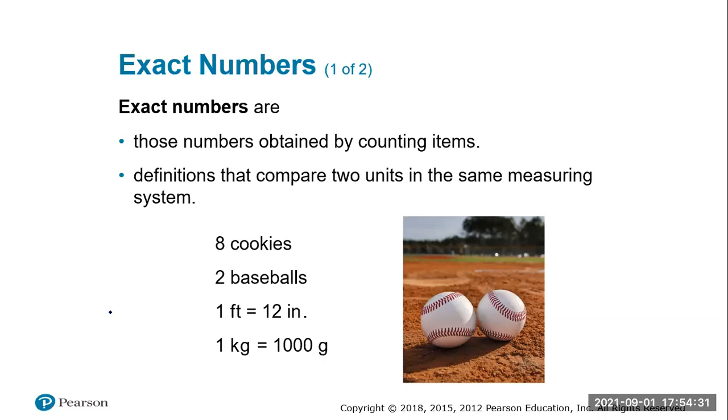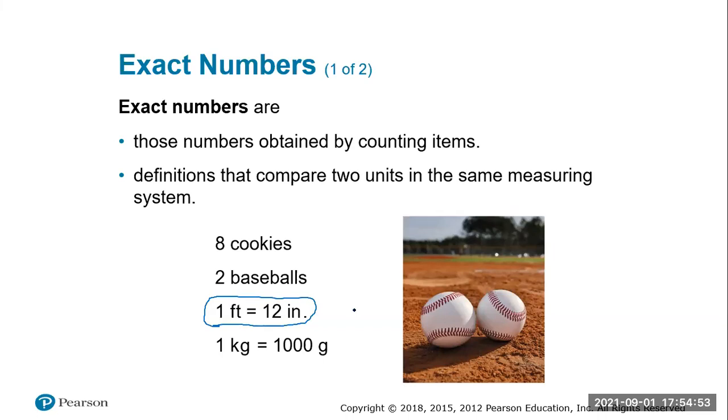The other way that we get exact numbers, and more importantly in chemistry, is through definitions, which are referred to as equalities. Equalities are two values on different scales that represent the same amount of something. So if I say something is 1 foot, that really is the same thing as something being 12 inches.